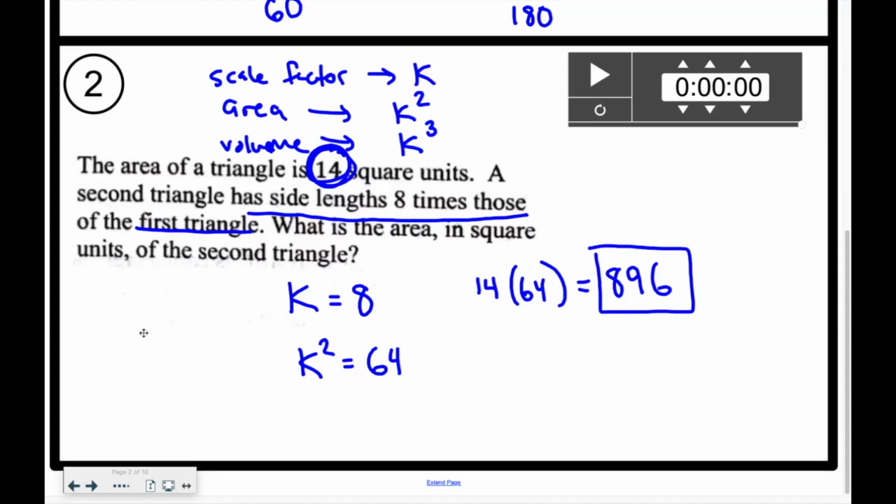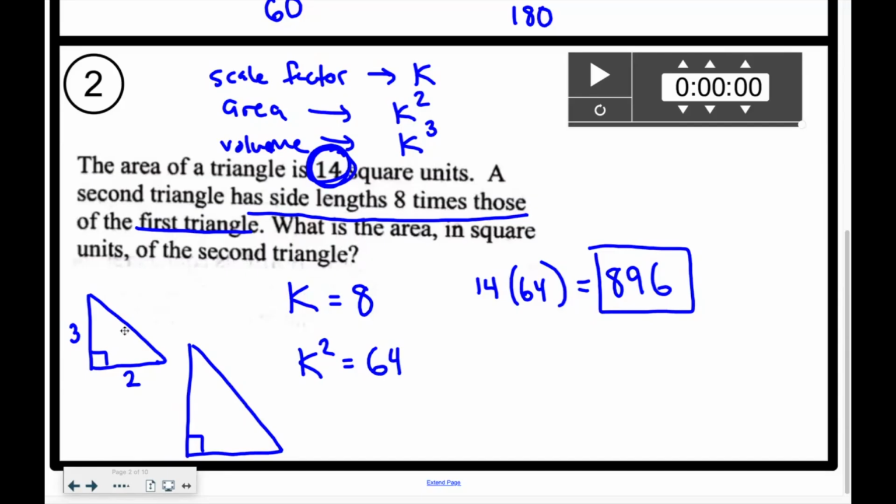So, for example, let's say, I'm just going to make up numbers with triangles just to show you the shortcut here. Let's say this triangle was base of 2 and height of 3.